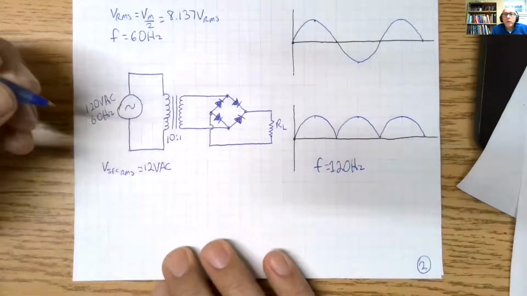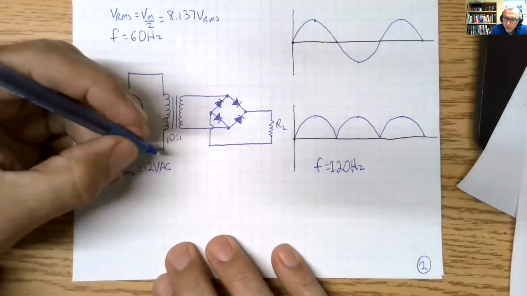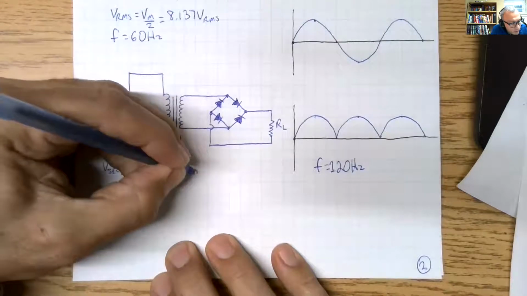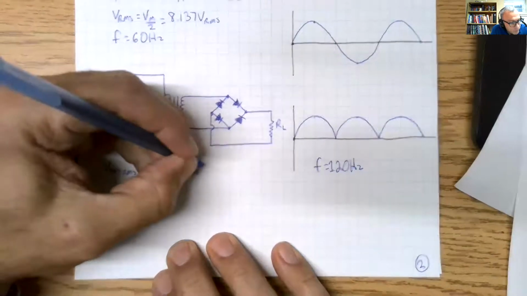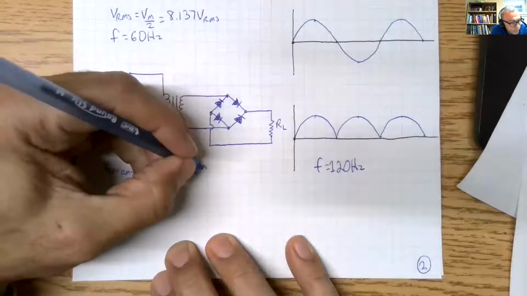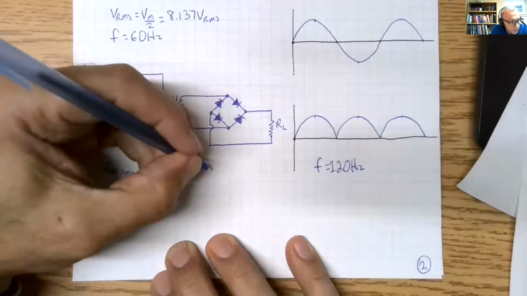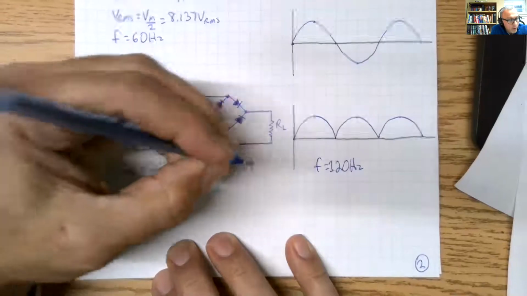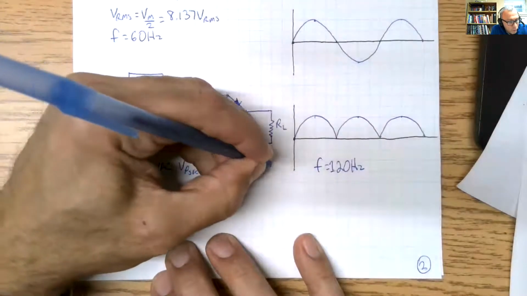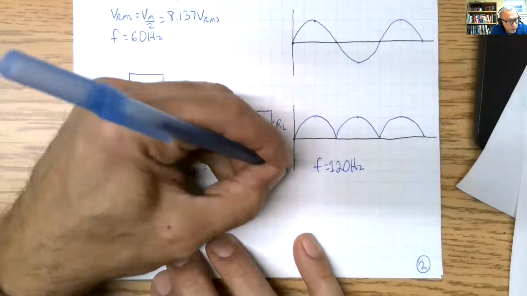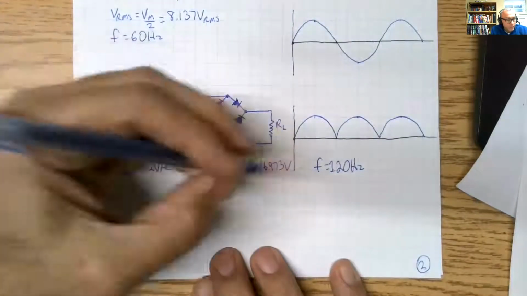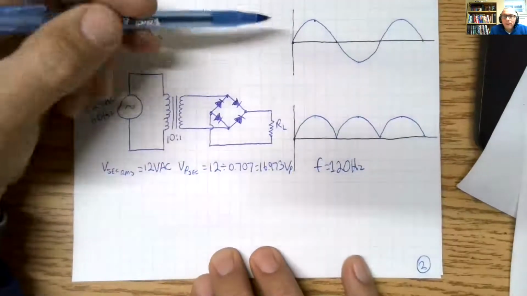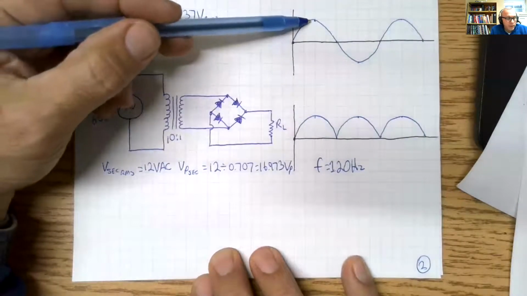Okay, so V peak, just like before, V peak of the secondary is 12 volts divided by 0.707, and that is 16.973. Okay, it's 16.973. So that is this signal here, 16.973.